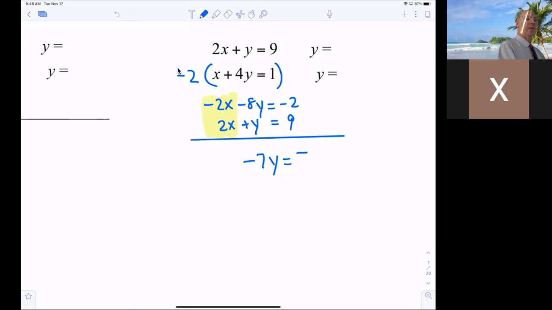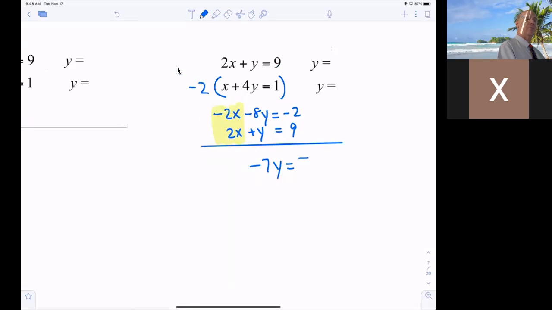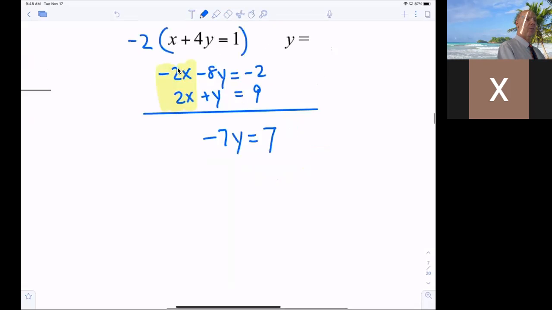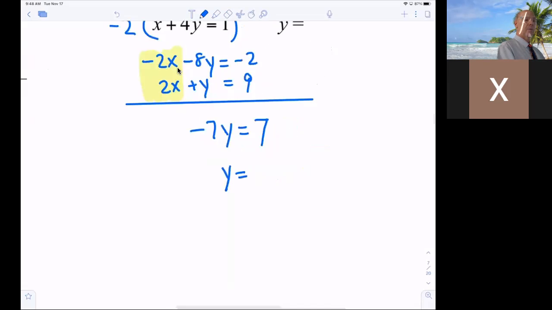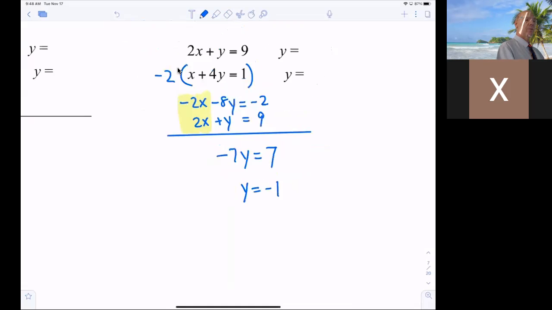Come on, peeps, negative 2 plus 9 is 7. So y equals negative 1. And so be careful, y equals what? Negative 1. y equals negative 1.